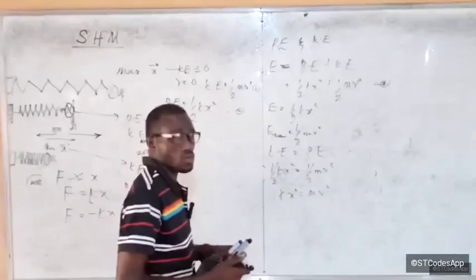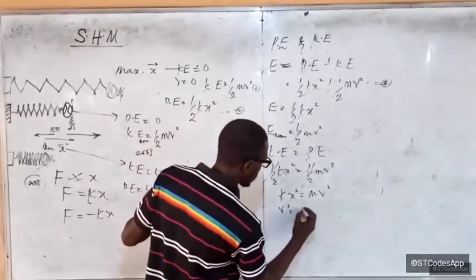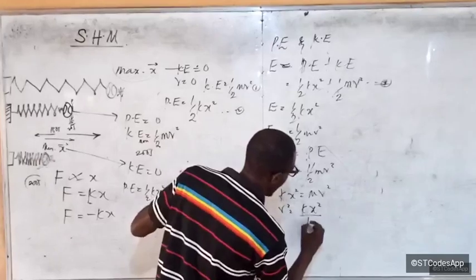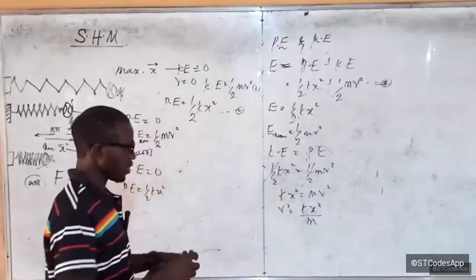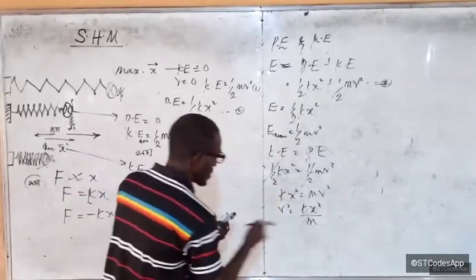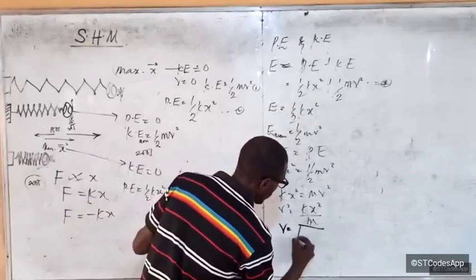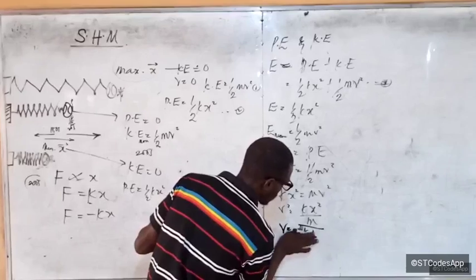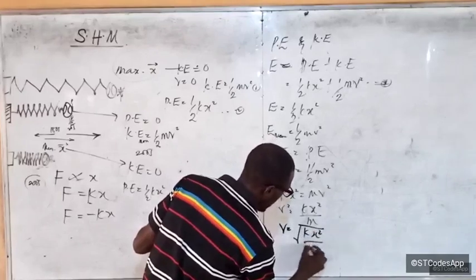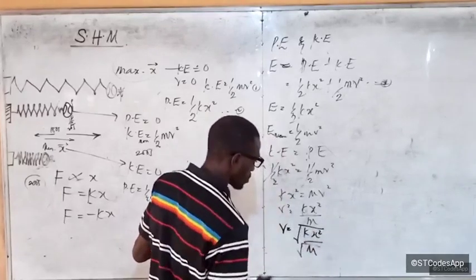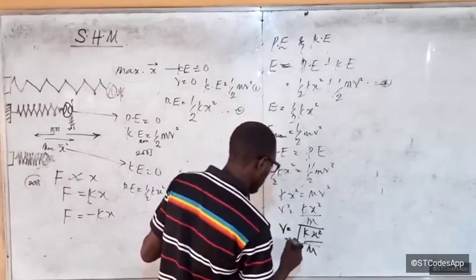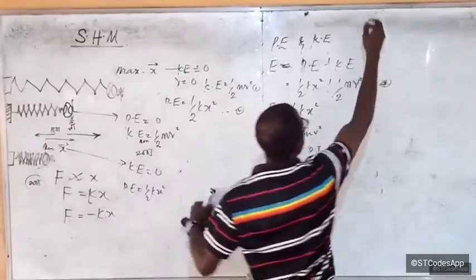So what is the velocity with which that body is moving? So v squared is going to be kx squared over m. Since we have this, v will therefore be, taking the square root of both sides, the square root of kx squared over m.